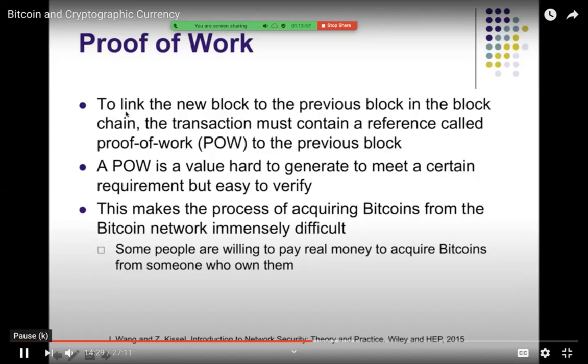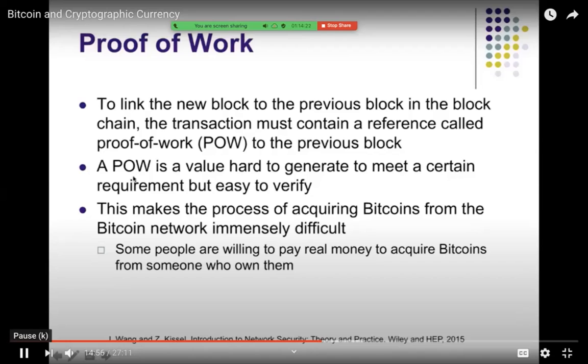Which means that to link the new block to the previous block in the blockchain, the transaction must contain a reference called proof of work, or POW, to the previous block, so that this new block will be linked to the previous block in the blockchain.